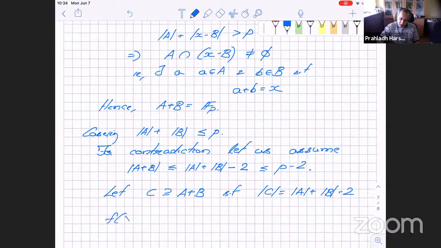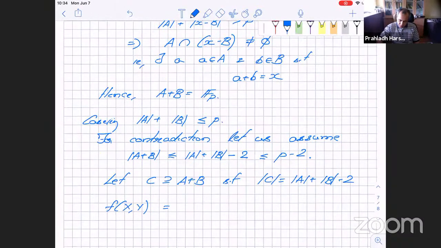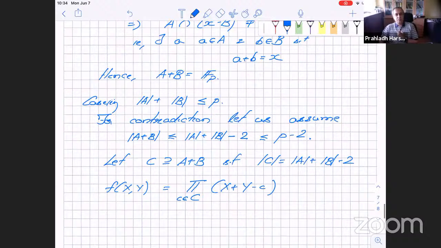Let's look at the polynomial f(x, y). I'm going to define it as the product over c in C of x plus y minus c. Is the polynomial clear? It's a bivariate polynomial defined on this set.